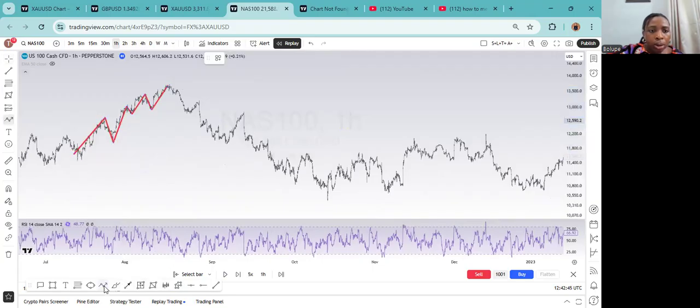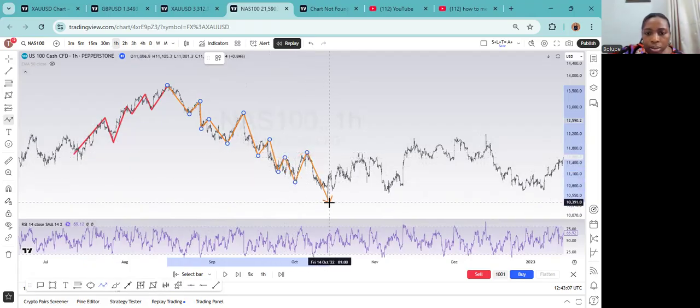So price got here, broke that lower high, that higher low, and lower low, lower high this year. So now is you being able to determine major and minor structure breaks.